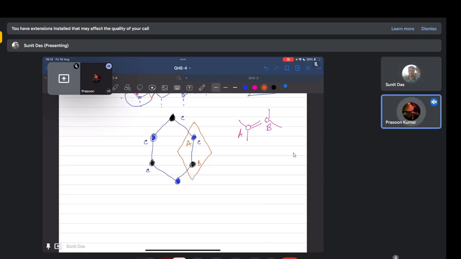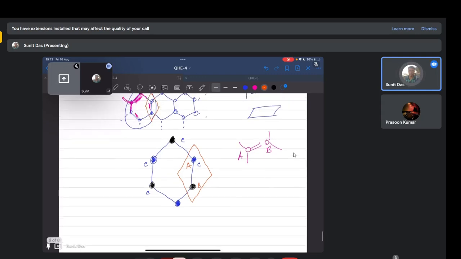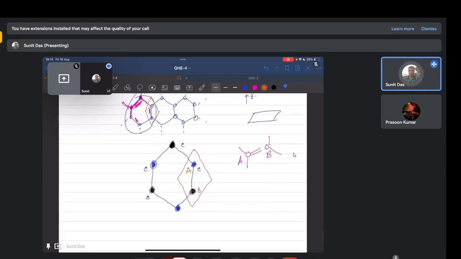My question is, if I consider this black carbon atom at the top of the hexagon, it goes with the one with the left carbon in blue. Right. Okay, so this actually continues: one on the left, one on the right, and then at the top also there will be only blue, right?